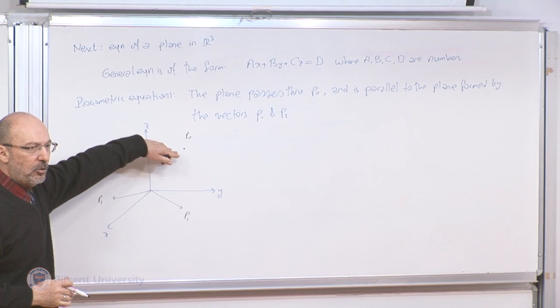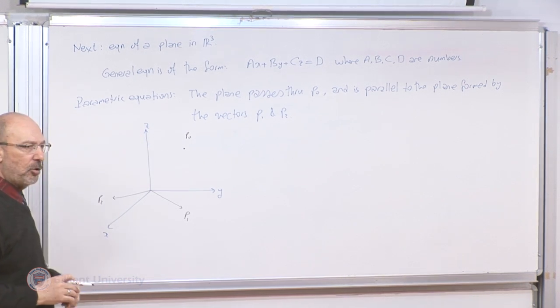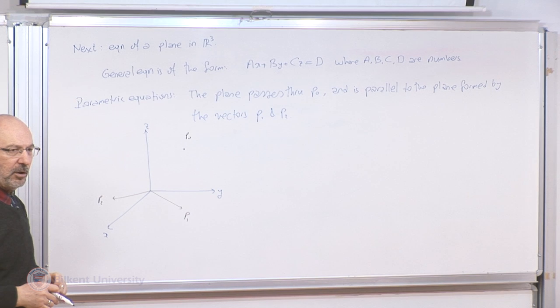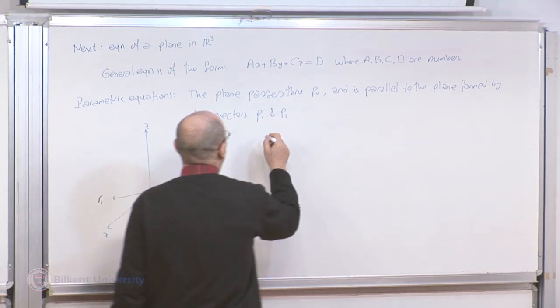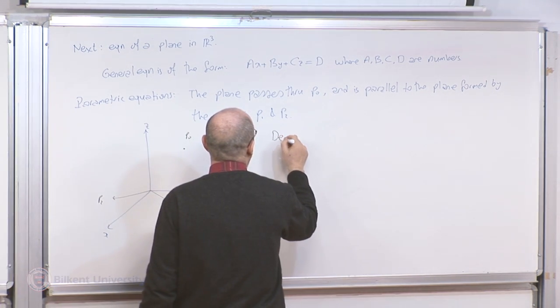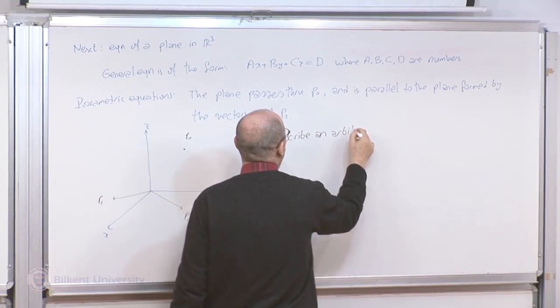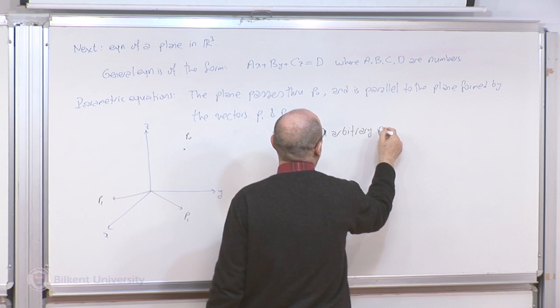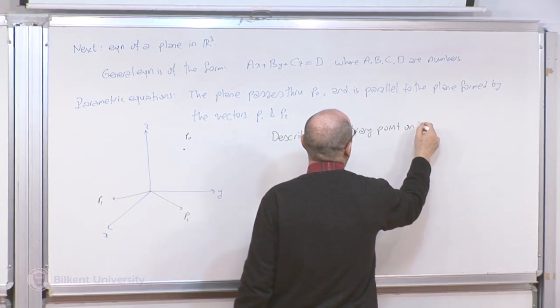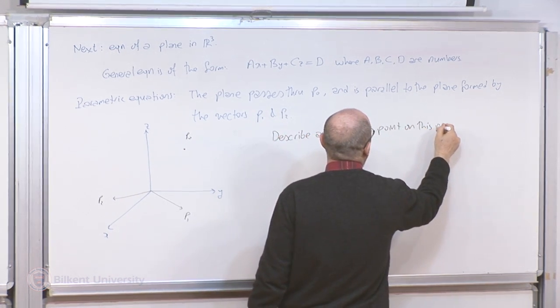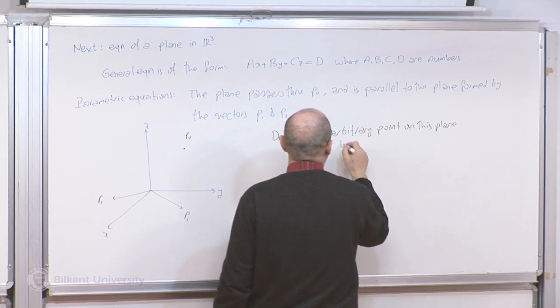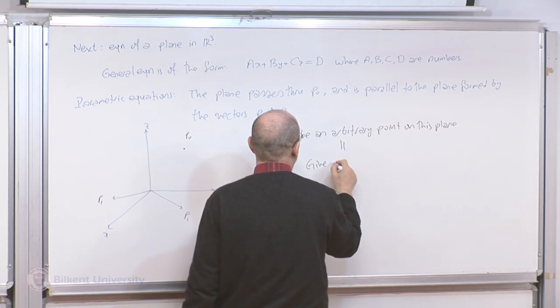Our plane is going to be parallel to this. So we describe an arbitrary point on the plane. Okay, so describe an arbitrary point on this plane.